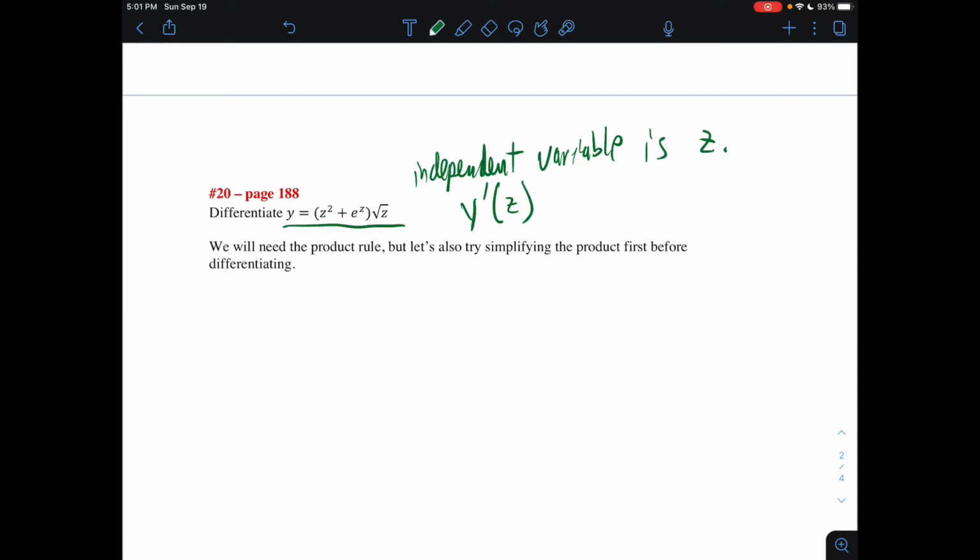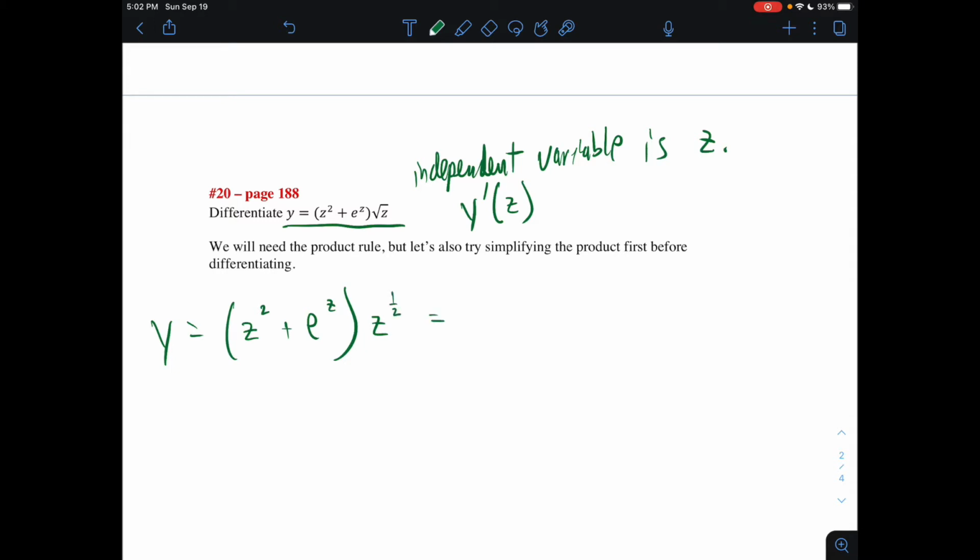We will need the product rule because we will have a product from this, but another good idea before you jump into the product rule is see if you can actually simplify things by just multiplying first. And one thing that we can notice is that we've got a power of z inside the parentheses, and then also on the outside, because the square root of z is the same thing as z to the 1/2 power.